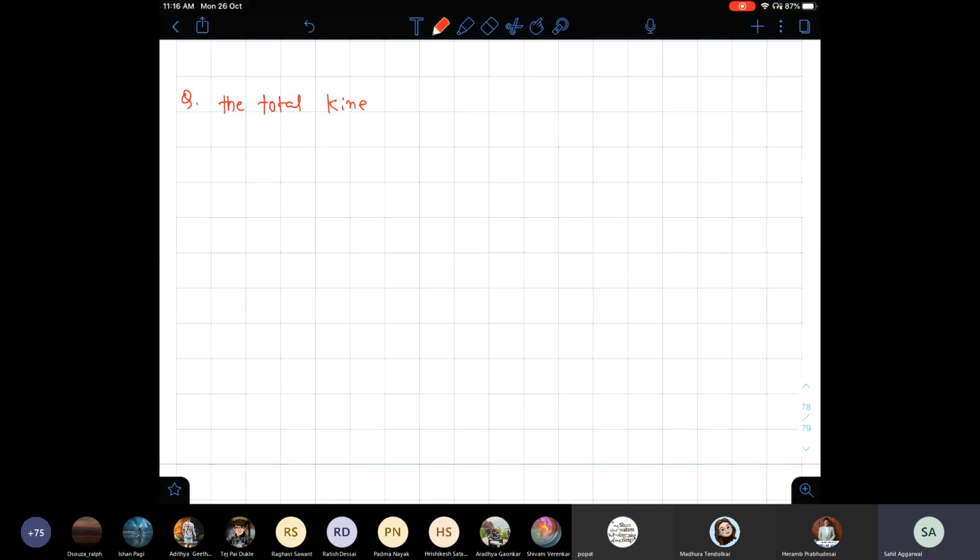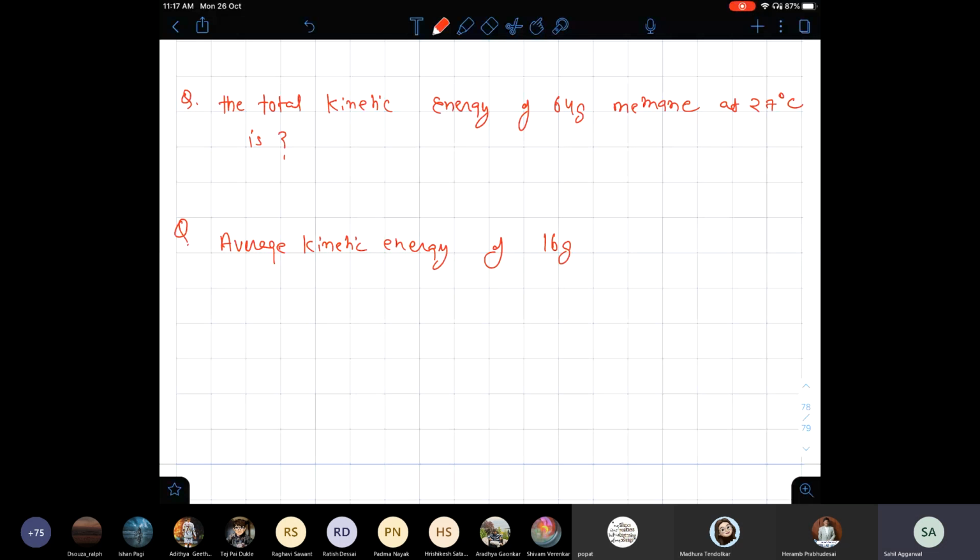The total kinetic energy of 64 gram of methane at 27 degrees centigrade is equal to the average kinetic energy of 16 gram of oxygen gas at 27 degrees centigrade.